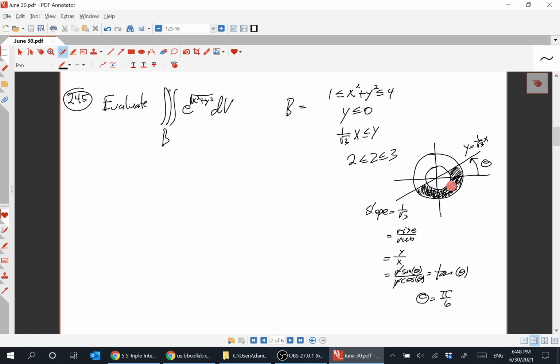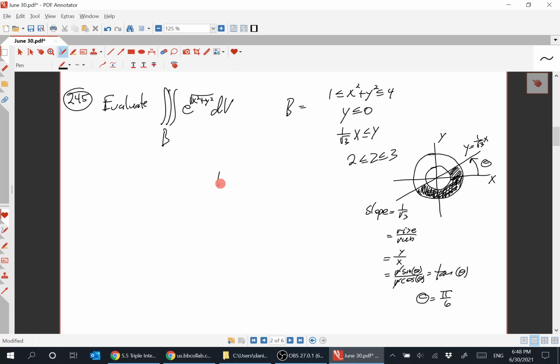So how can we describe the entire region, which is essentially this band? z is between 2 and 3, so you just take this bit in the xy plane, and you take the z coordinates between 2 and 3, and you get half of a cylindrical shell there.